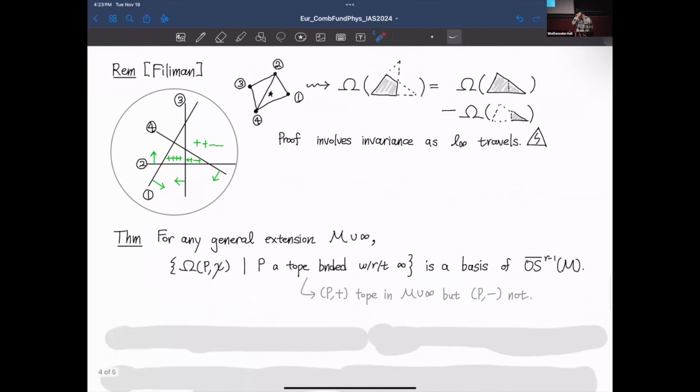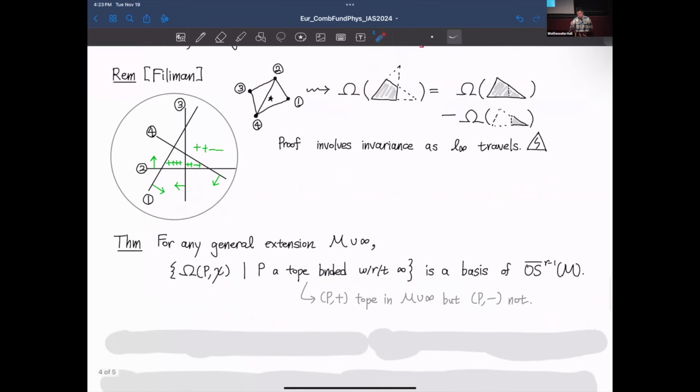And the way one proves this, you don't even need the numerical equality anymore. You write it down, and I showed you how to show linear independence already, at least in the realizable case, and I hope you bought it. And with a little bit more care, you can write the proof down for the oriented matroid case as well. And you can also show it's spanning.